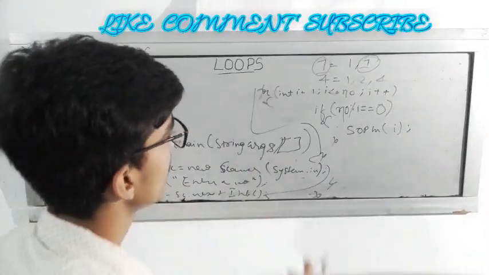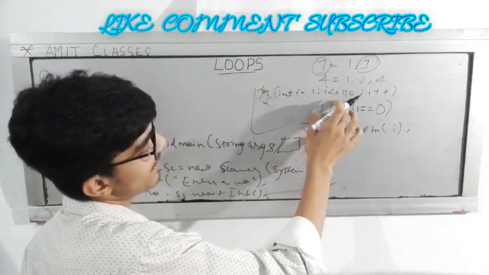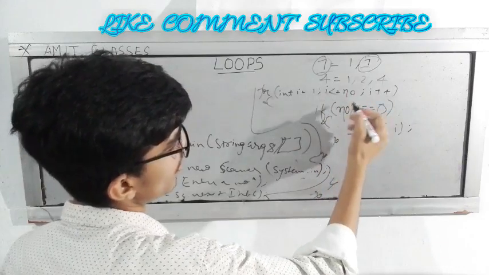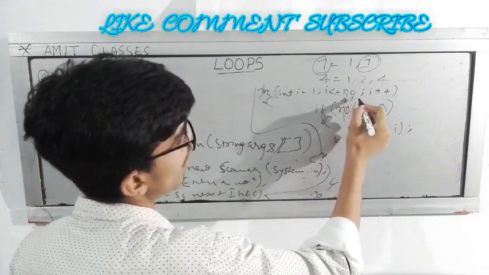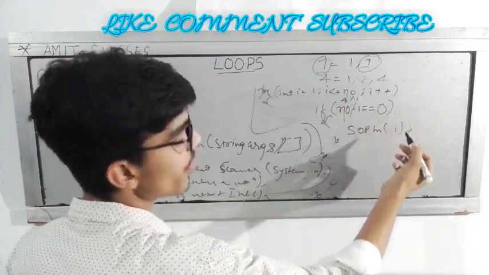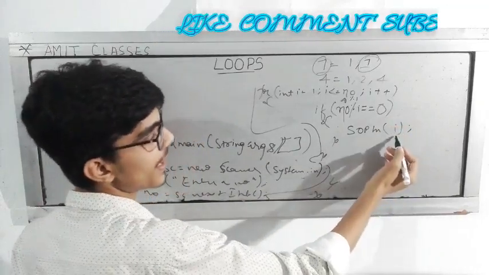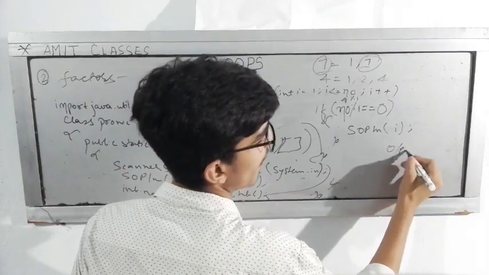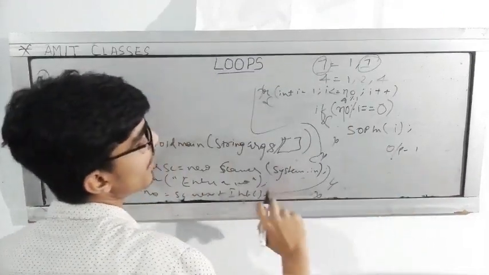Now here we have taken i is equal to 1, i less than or equal to number, i plus plus. So if the number is 4, now 4 mod 1 is equal to 0, yes. Now SOPLN i, which is 1.